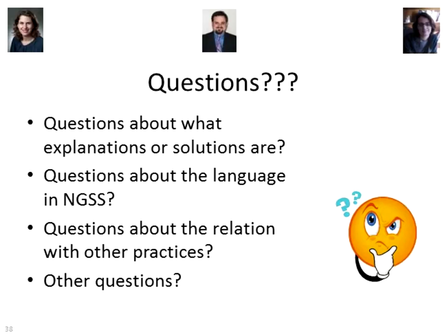We want to be arguing about what sorts of methods are appropriate for answering the question, or whether this is the most appropriate model for understanding the particulate nature of matter, or various things like that. Argumentation can happen around most of the other practices, and so it's important to call out separate from explanation.